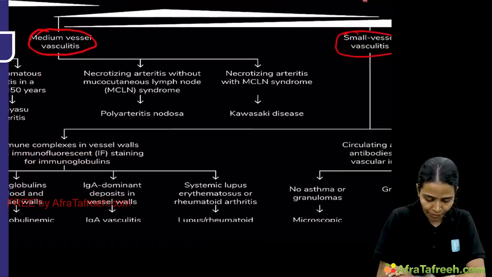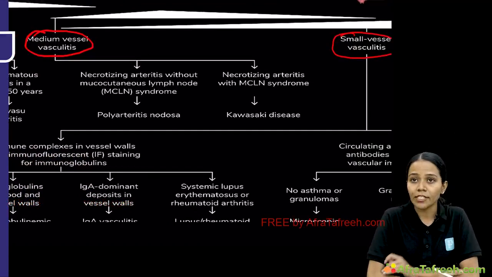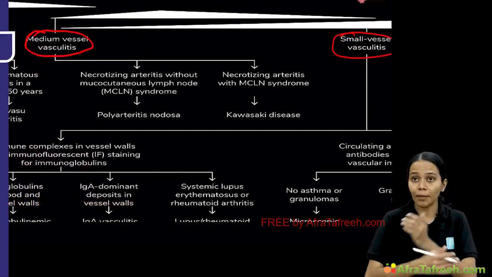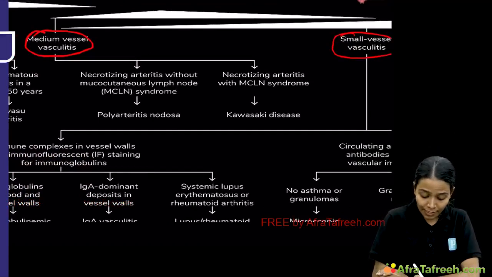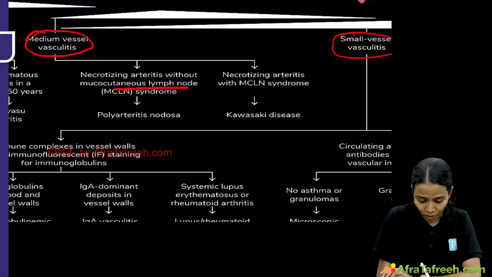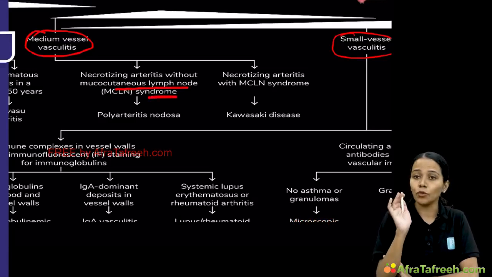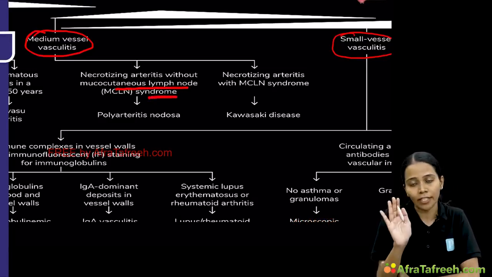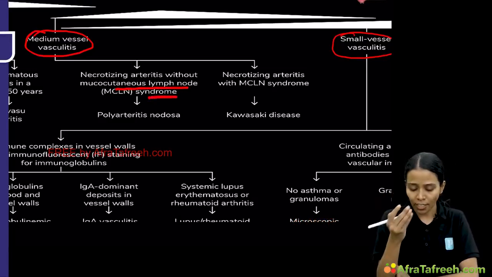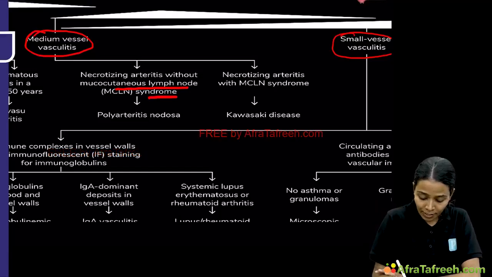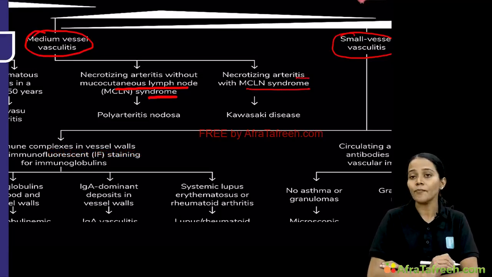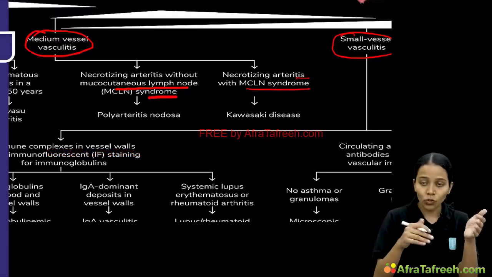Now coming to medium vessel vasculitis. Medium vessel vasculitis, you can classify based on whether there is necrotizing arteritis without mucocutaneous lymph node syndrome. Okay. So where the mucocutaneous lymph nodes are not involved, but it is necrotizing arteritis. Similarly, if there is necrotizing arteritis with mucocutaneous lymph node involvement, then it becomes another disease.